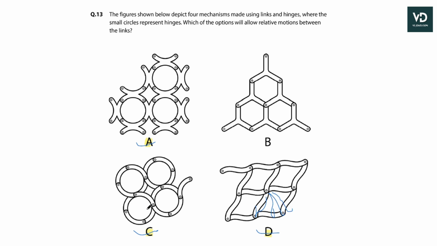Same, the circle can be moved with any shapes, with any motion. This will be the same movable motion relative to hinges and links. And the incorrect option is B, because there is no circular motion. Like if we turn this with this, there will be motion between this only, but not this only. Okay.